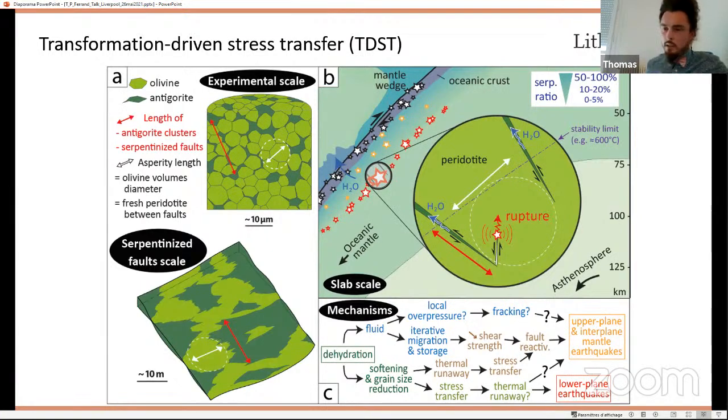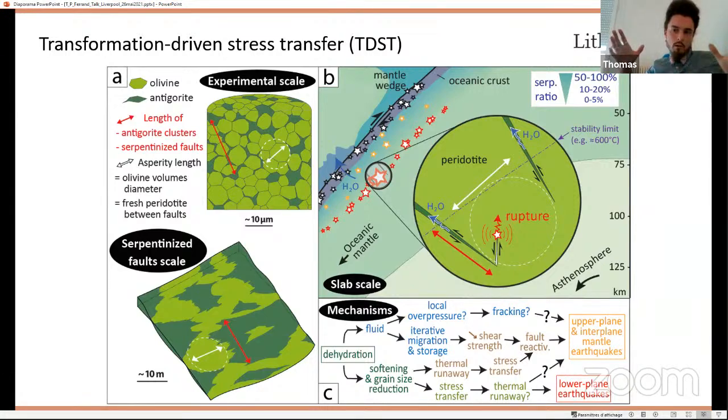In a paper in Lithos in 2019, for those who are interested, I explained in detail to what extent our experimental samples can be compared to the serpentinized faults and also to the slab itself.